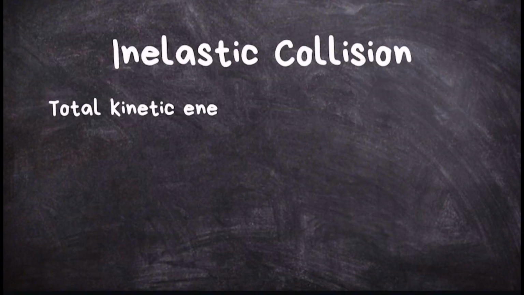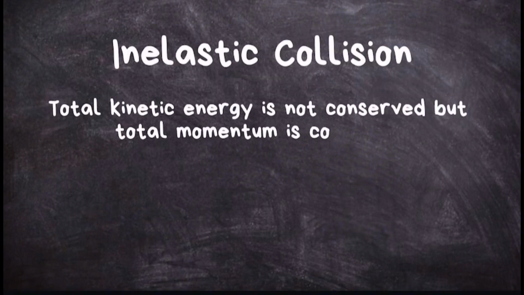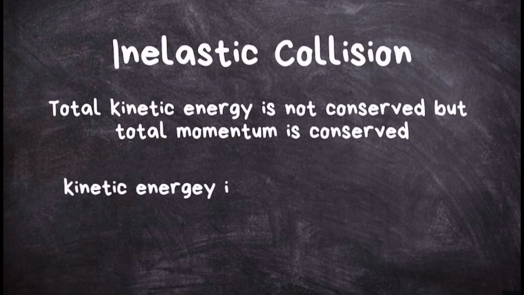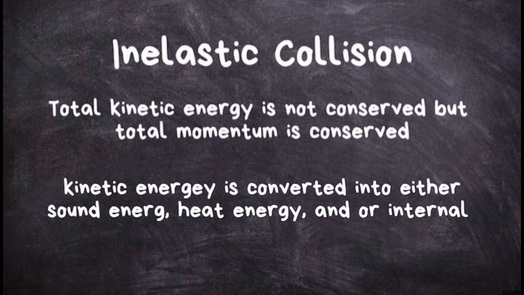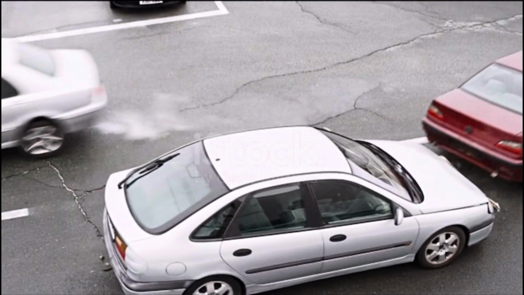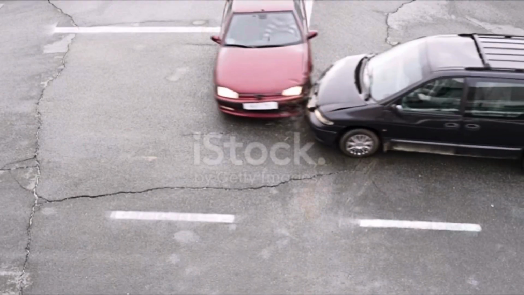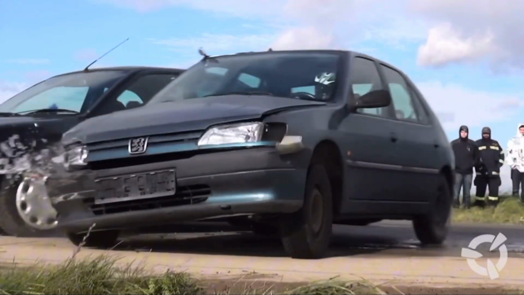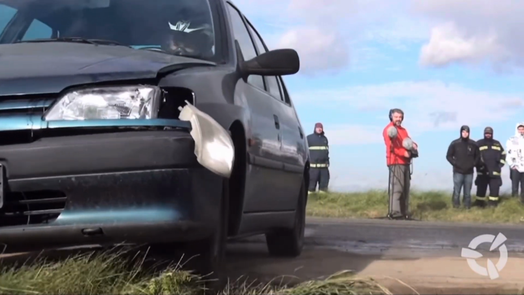On the other hand, inelastic collision causes the total momentum to be conserved, but the kinetic energy is not conserved. This happens because kinetic energy can be converted into sound energy, heat, or internal energy. That's why I use the car crash as an example, because when a car crashes, the first thing we tend to see, or hear in this case, is the sound of it crashing, which can be very loud.